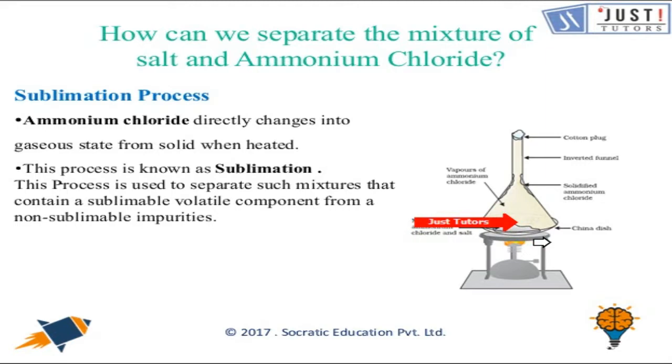In that case we can separate this mixture with the help of the sublimation process. This process is used when one constituent sublimes but the other one does not. So that was the sublimation process.